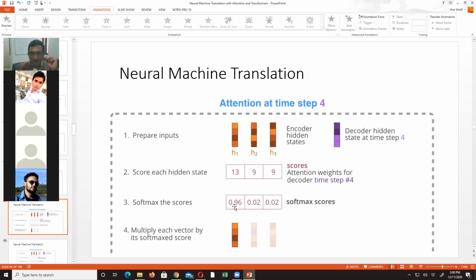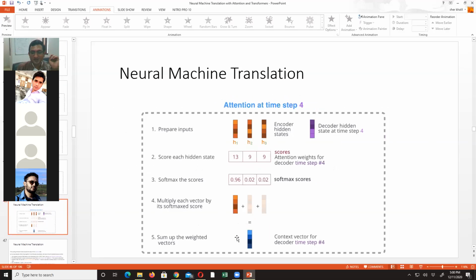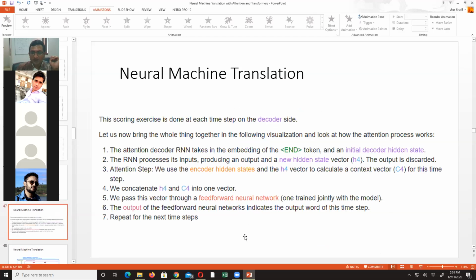The one which needs to be amplified is getting better weight, so it might have higher values, and this actually becomes prominent. At that stage, you sum all these three, and the context vector for decoder time step 4 is the sum of all these three. And then these are just steps you need to follow.